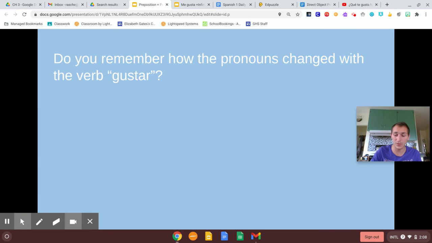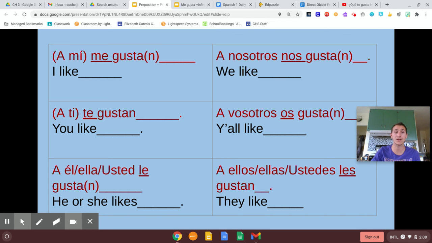But you still need to remember them for the phrases with gustar. So, a mí me gusta. A ti te gusta, or te gusta. A él, a ella, usted le gusta. A nosotros nos gusta. A vosotros os gusta. A ellos, a ellas, a ustedes les gusta.